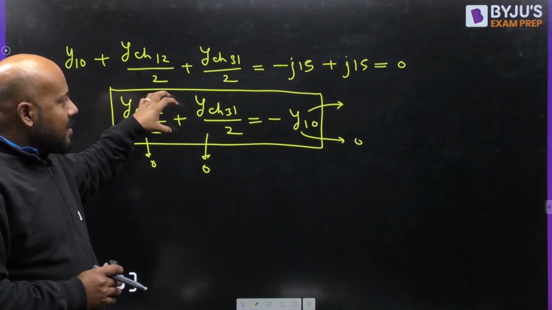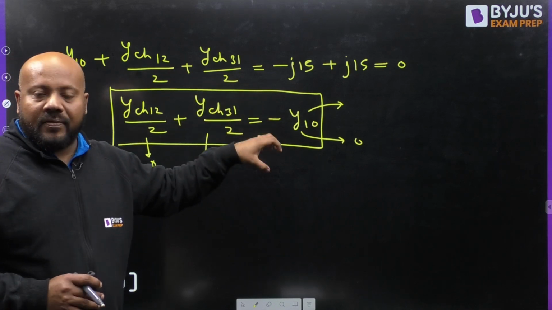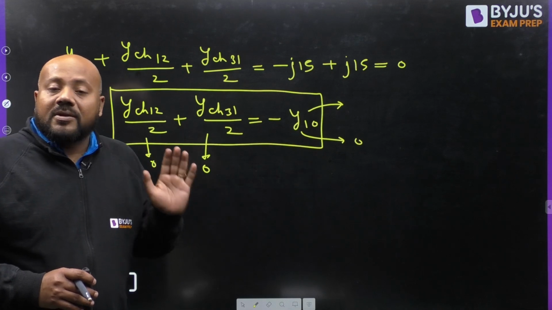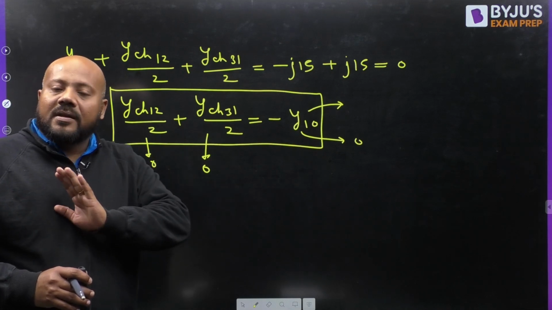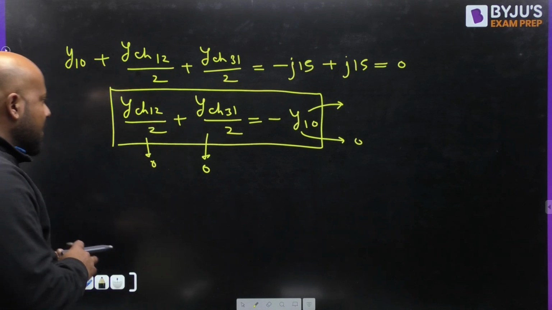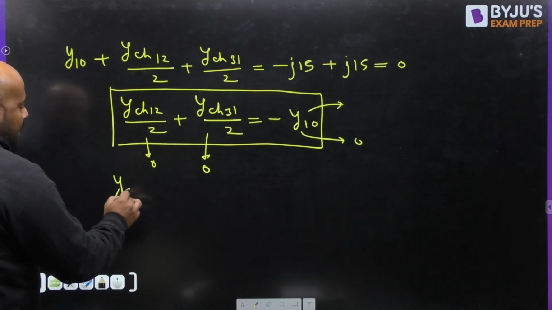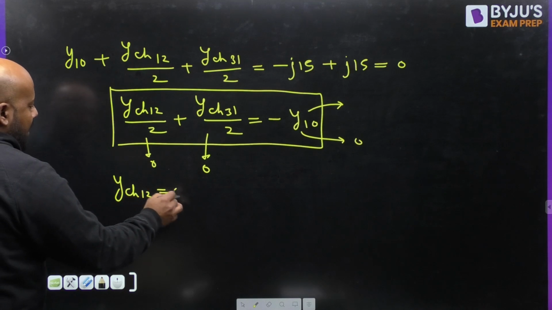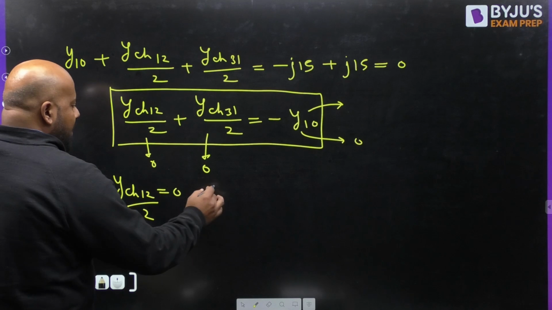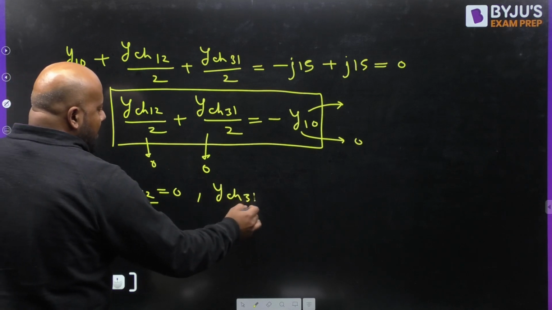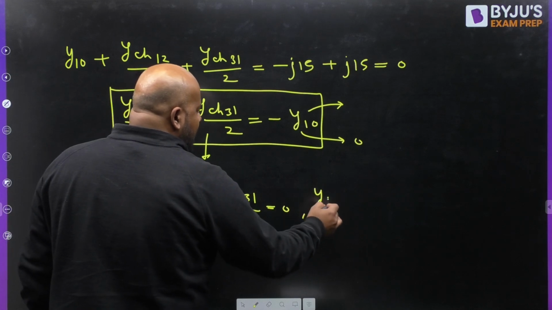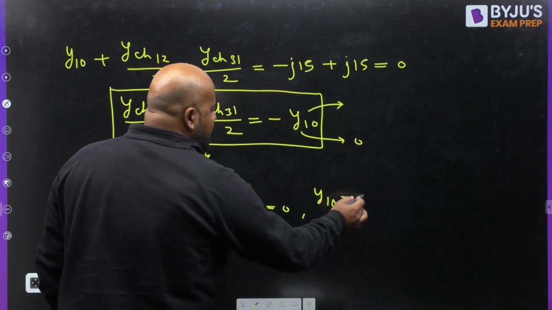Now together they can be compensated only if there is some shunt inductor connected to bus number 1. But it is mentioned in the question that there is no shunt inductor connected to any bus. So the conclusion is y charging 12 divided by 2 has to be 0, or simply you can write, y charging 31 by 2 also has to be 0, and y10 has to be 0.